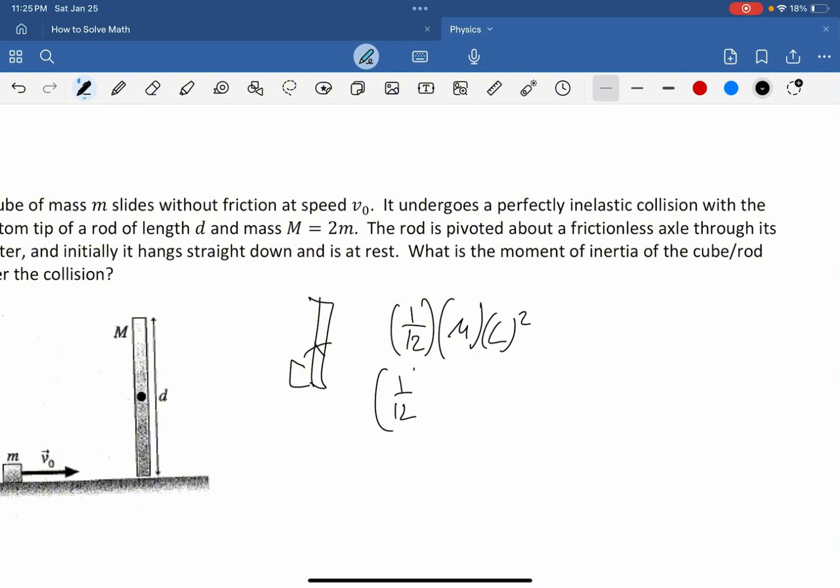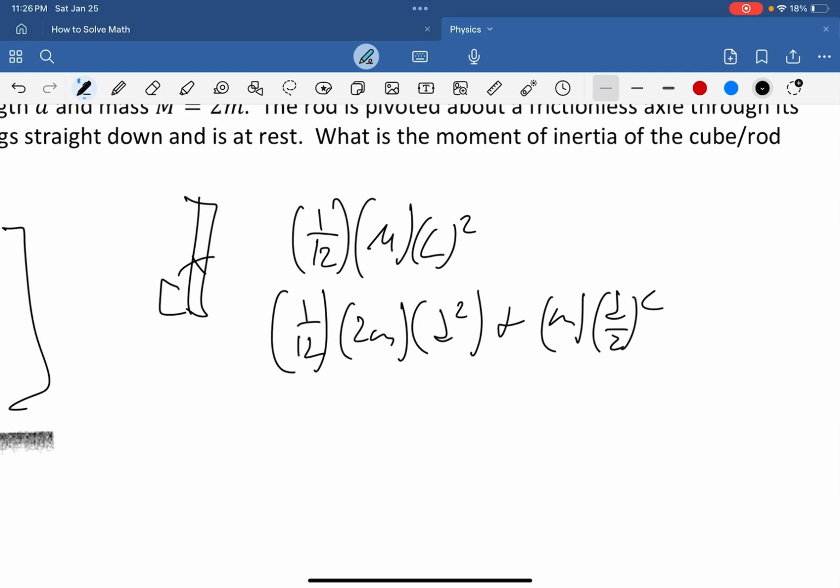So 1/12 times 2m times d squared, and then plus the little m right there. Because d is this entire thing, but with m it's only going to be down here, it's going to be d over 2 squared.